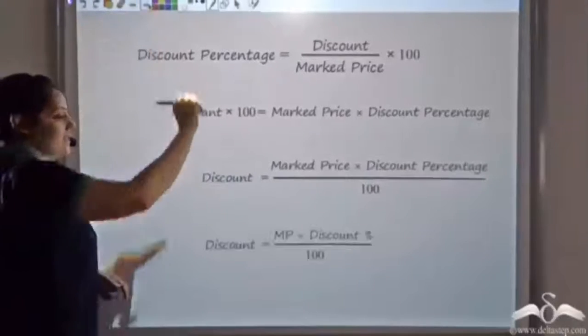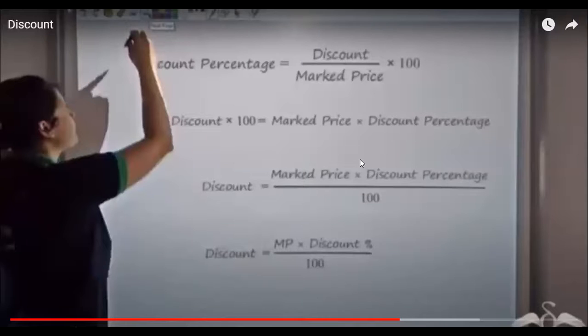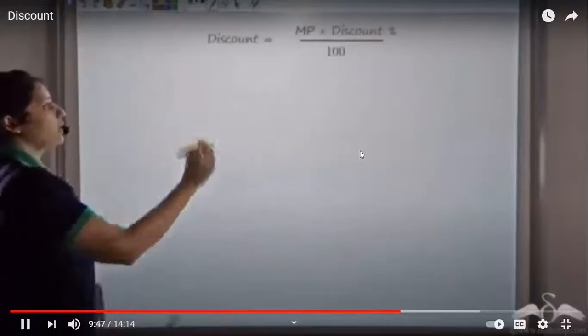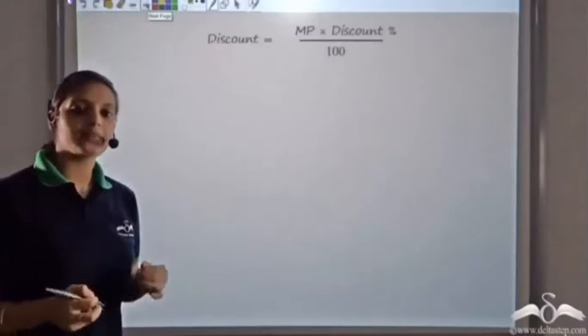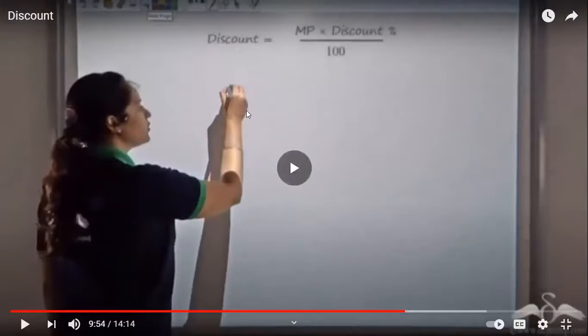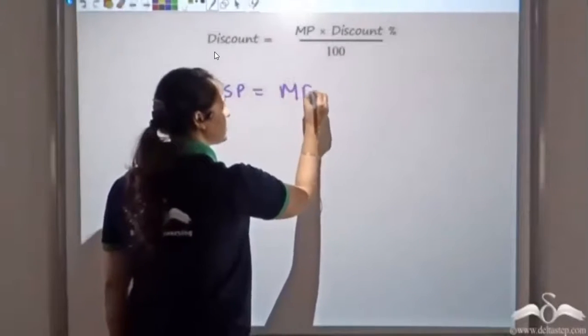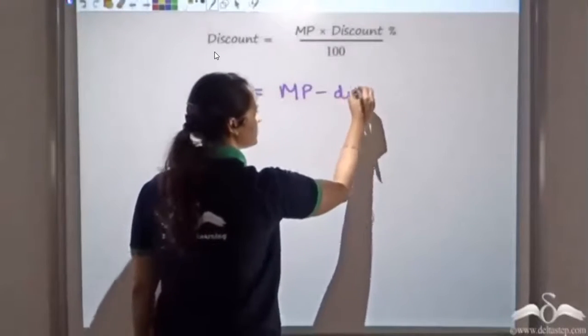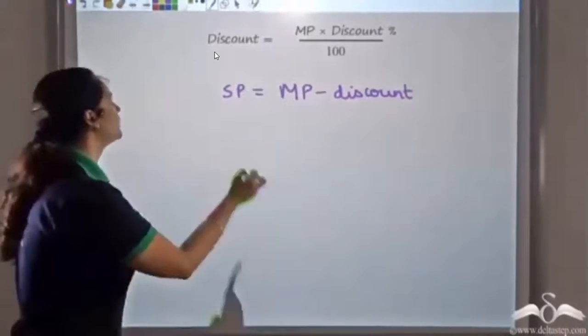Now I write marked price as MP. So I know the discount, and I want to find the selling price, that is SP. We know that the selling price is marked price minus discount. This we already know.